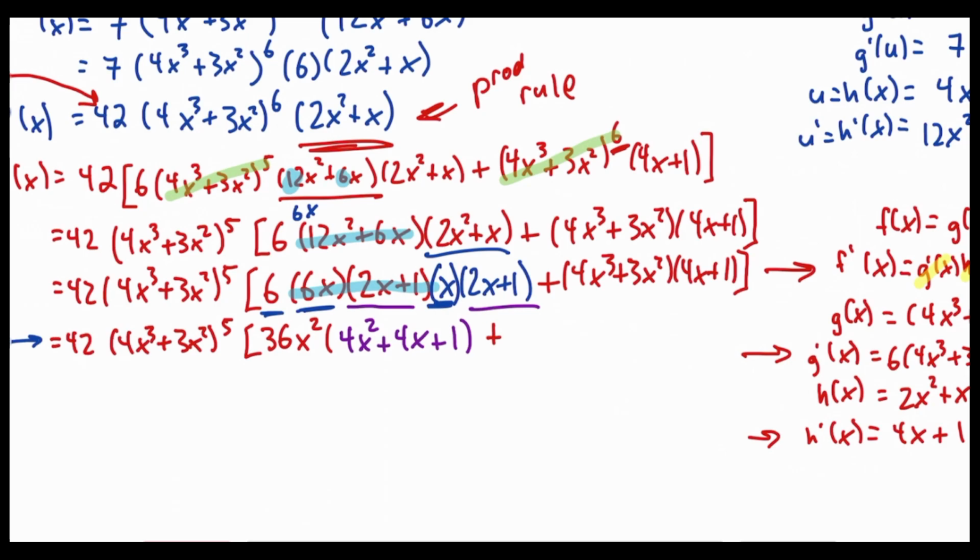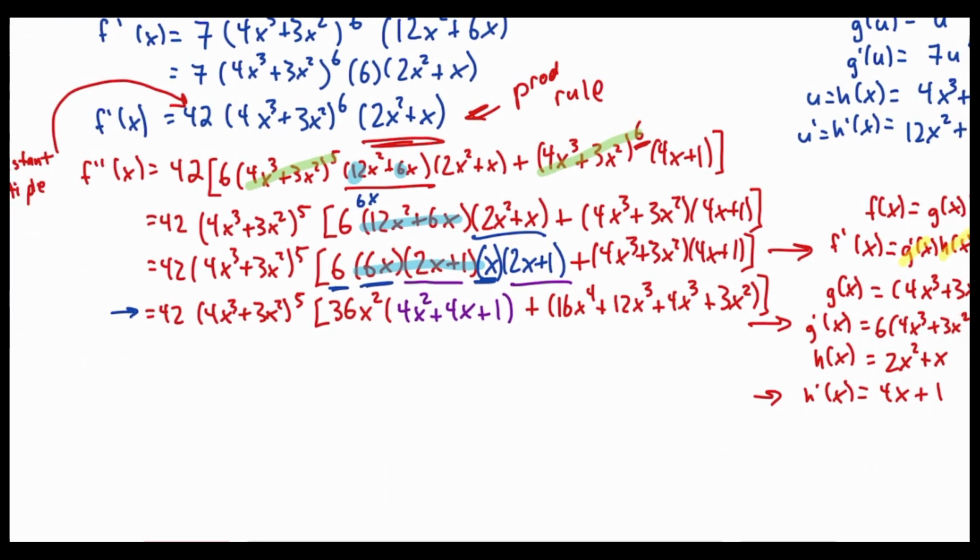I'm not going to show all my steps here, but we're going to end up with 16x to the power of 4 plus 12x to the power of 3 plus 4x to the power of 3 plus 3x squared. So once again, we're just using rules we're familiar with. Nothing here is new. It's just a little scary because there's a lot of terms to keep track of. We're doing all right, though. Let's keep going.